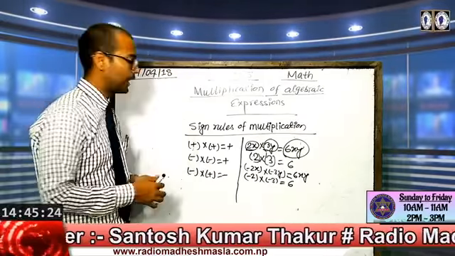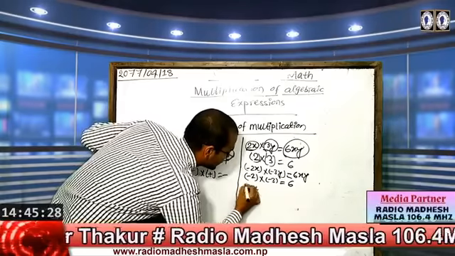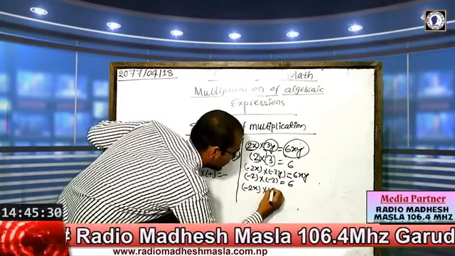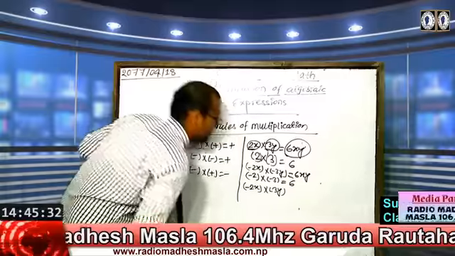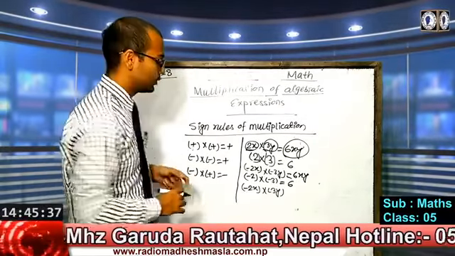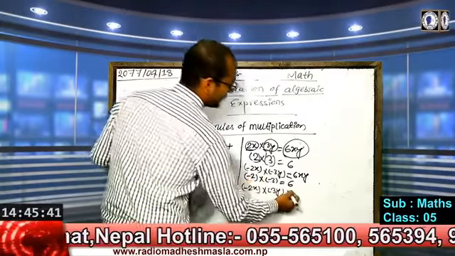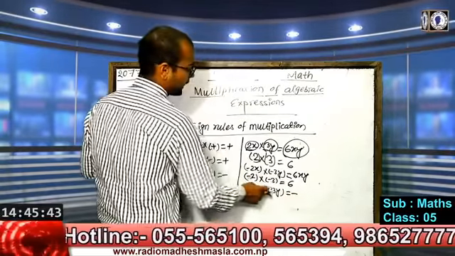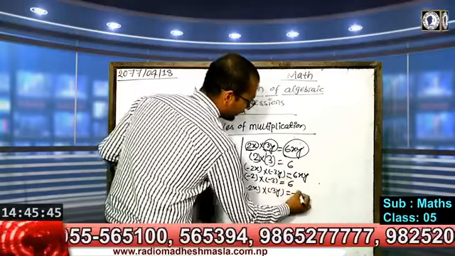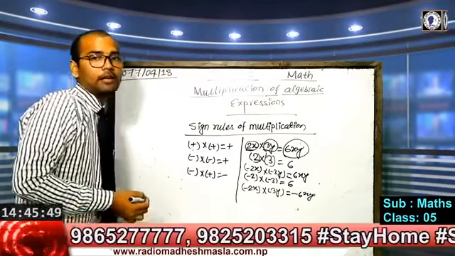So here, students, suppose minus 2x into 3y. We are repeating the same example, same numbers. So here minus into, there is no sign, it means plus, is equal to minus, and we need to multiply them. So 2 3 is 6xy.